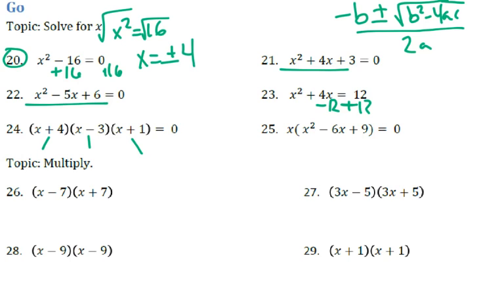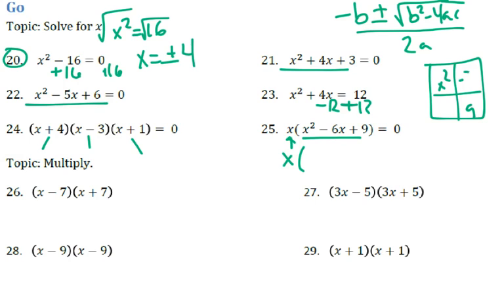Okay, 25, you've got an x, and you also need to simplify that one. If you simplify that one out using Buck's method, 9x squared, factors of 9 that add up to negative 6, got to be negative 3x and negative 3x. Pull out an x. So 9 is really negative 3 times negative 3. Pull out a negative 3. Pull out an x.